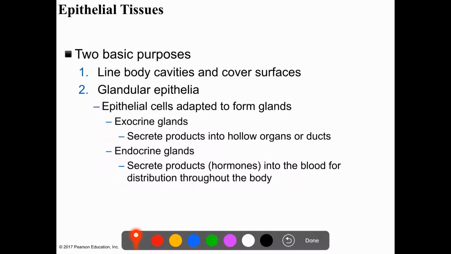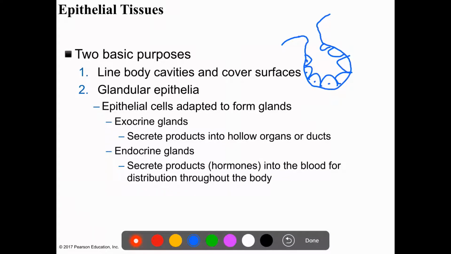And here we have 2 different types of glands: exocrine glands and endocrine glands. Exocrine glands have a duct. They release their secretion into a duct. So usually exocrine glands have an exit for their secretion.